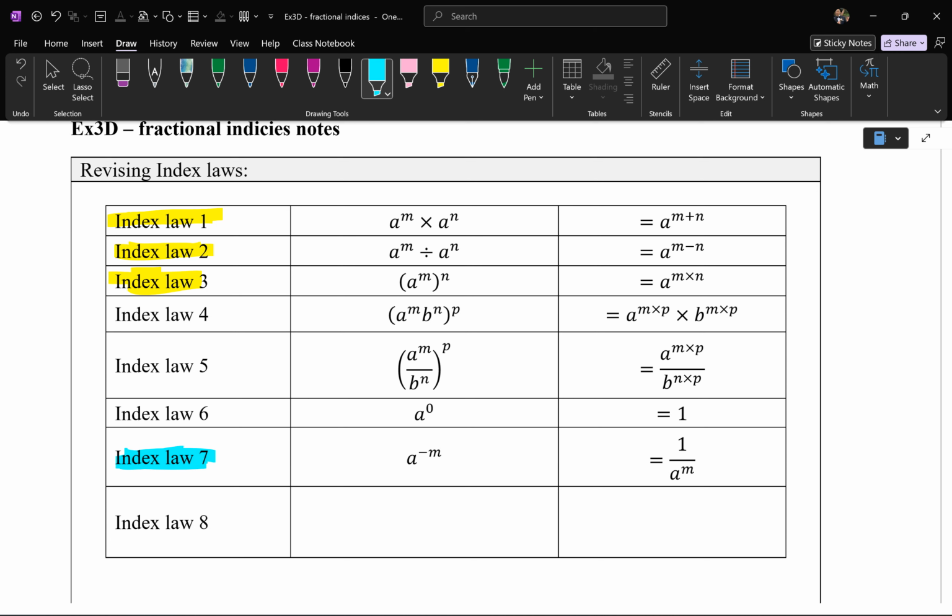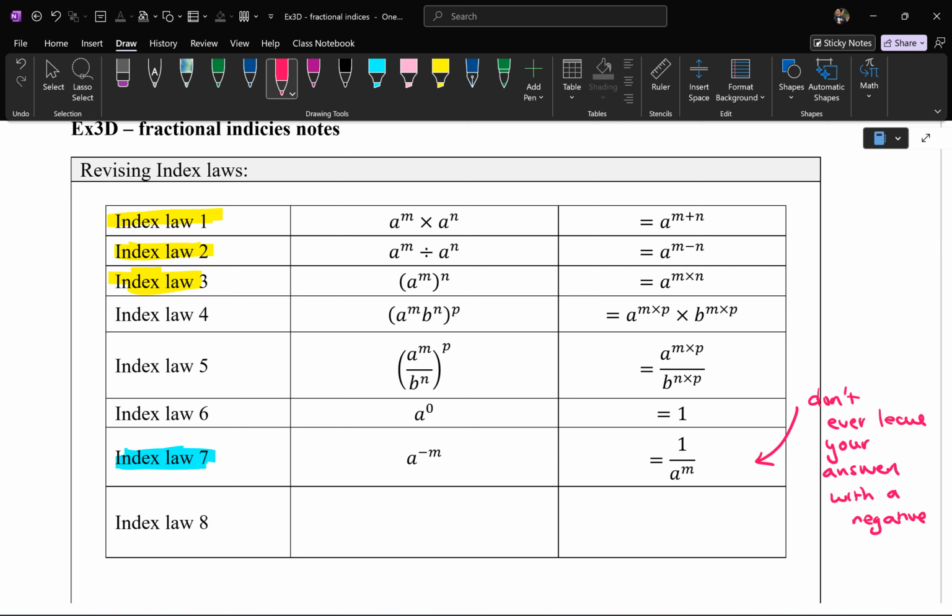But when you start doing your solving and simplifying, just remind yourself, don't ever leave your answers with a negative power.